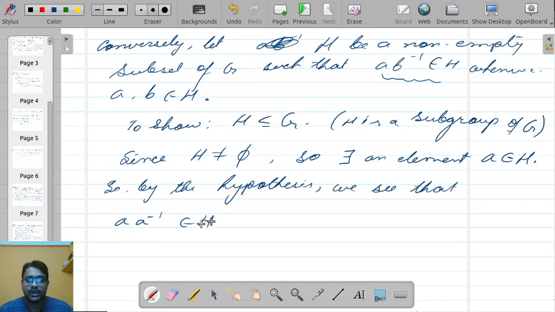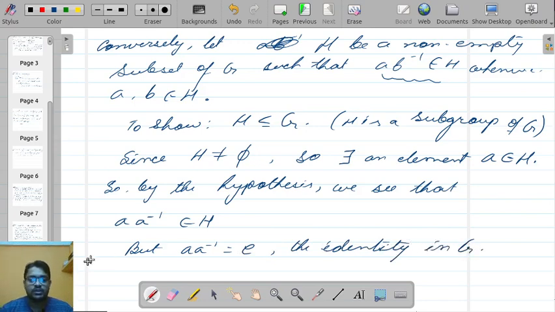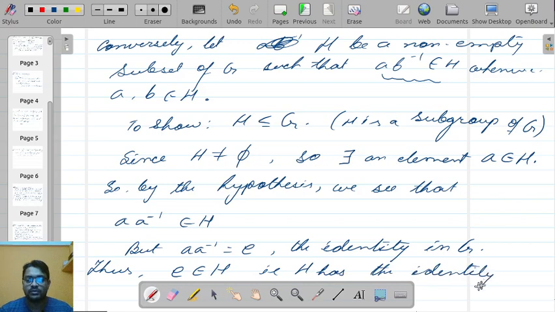So A A inverse is equal to E, the identity in G. So thus E belongs to H. So H has the identity element. So one property we have checked.